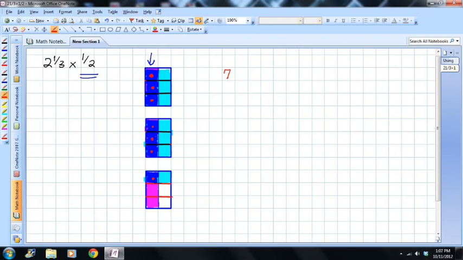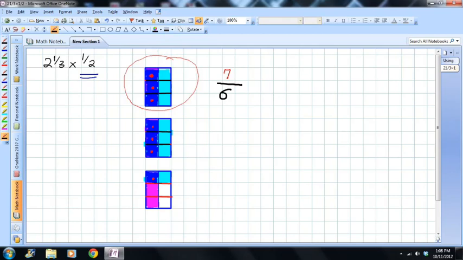But let's look at this. If we look at just one of our rectangles, one rectangle has 6 sections to it: 1, 2, 3, 4, 5, 6. So the number of sections in one rectangle is 6, and I'm going to make that the denominator of this fraction, because that represents the whole.